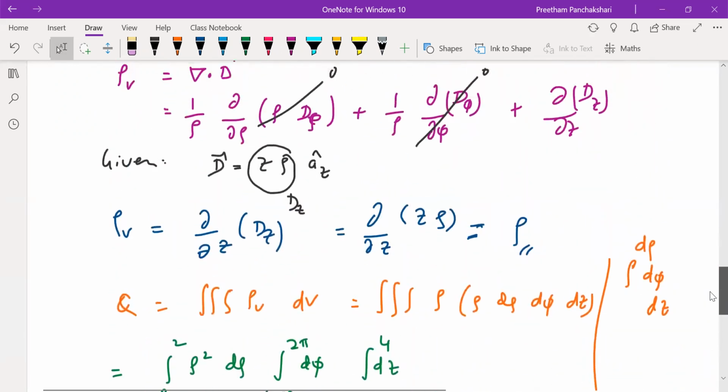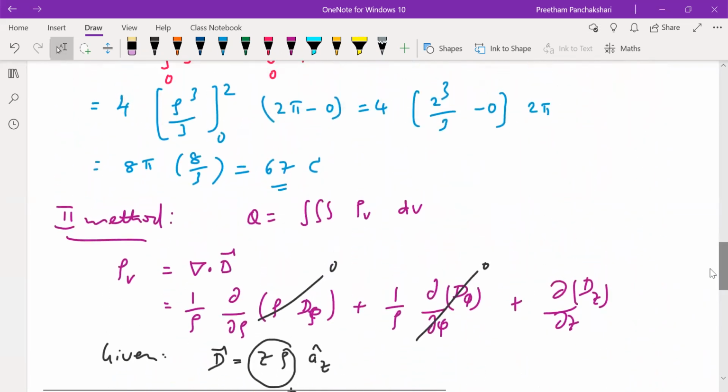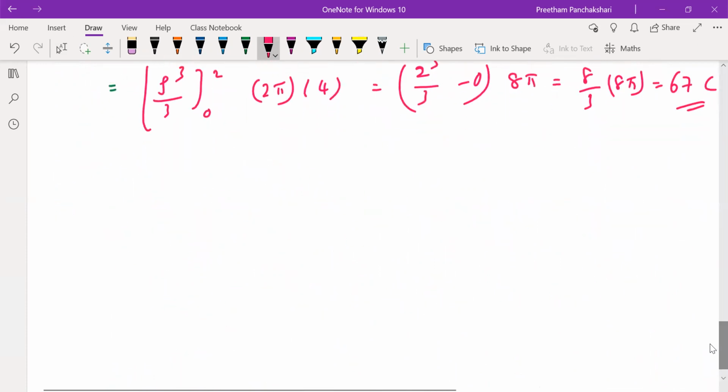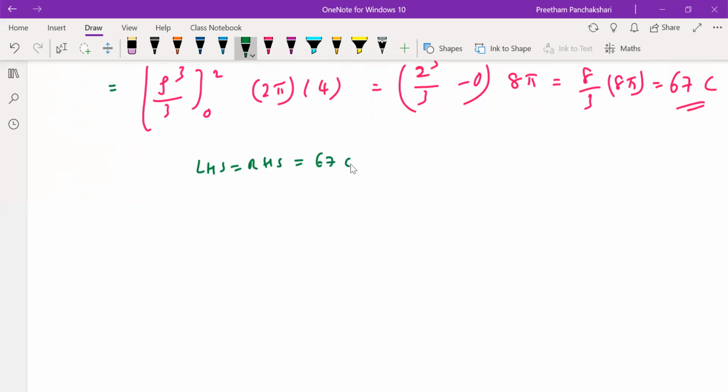Let us check the solution of left hand side. See, that is also 67. So left hand side is equal to right hand side, the same answer of 67 coulombs. Left hand side, what we did, closed surface integration is verified.